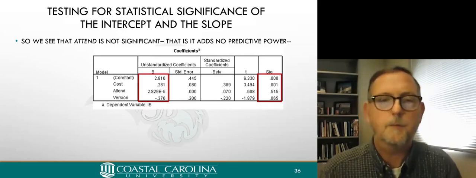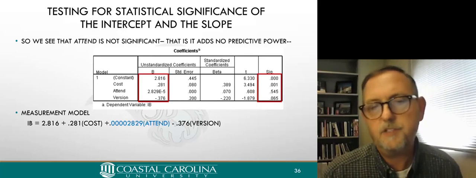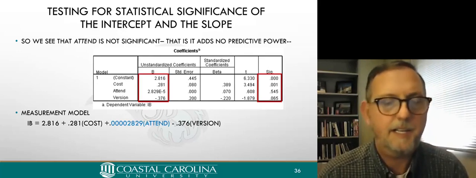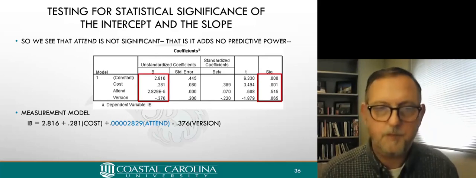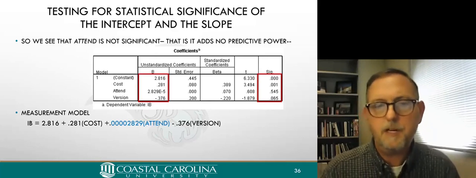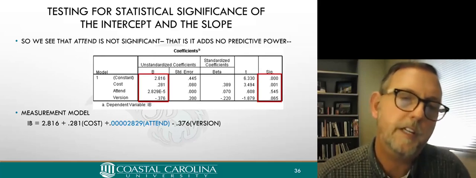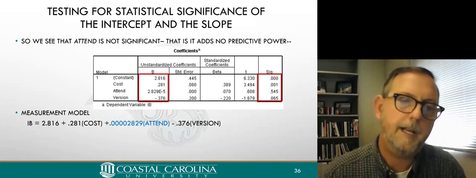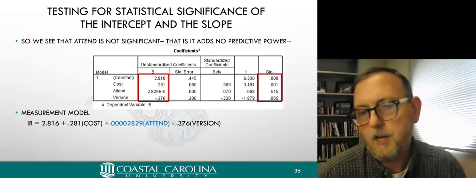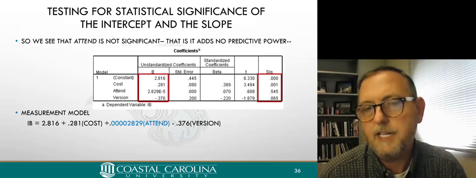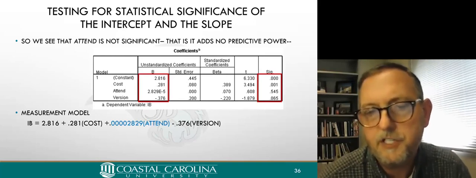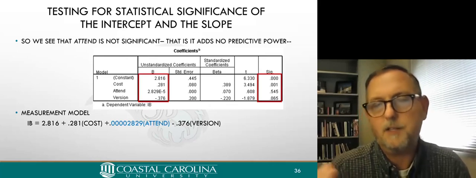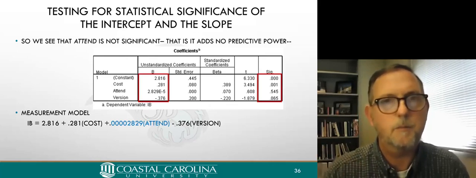The takeaway here is that if this was the model, we know that attend really is not a player, if you will, in predicting this. If we were going to use this as a predictive model to predict IB, then we would have cost in there, we'd have that minus 0.376 for the version, and we could keep the attend in there, but it really doesn't add anything to the value because it's such a very, very small number.